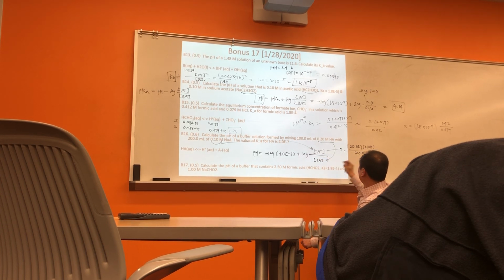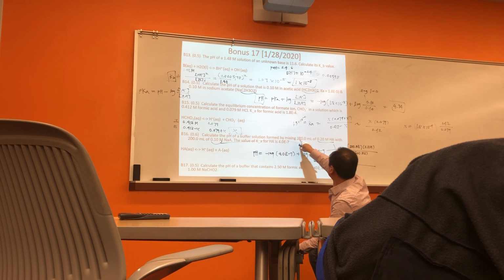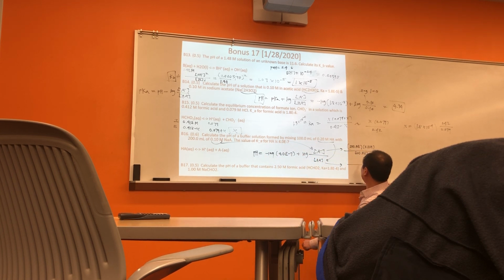That's the concentration of this guy. The concentration of this guy is HA. Wait, what did I do? I just switched it. So HA is this divided by 300.